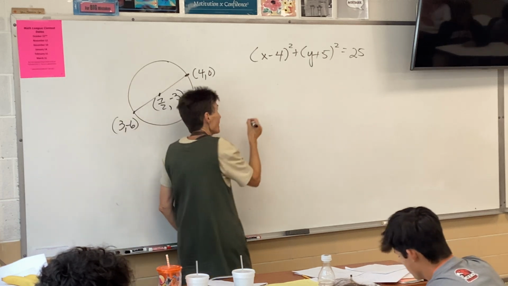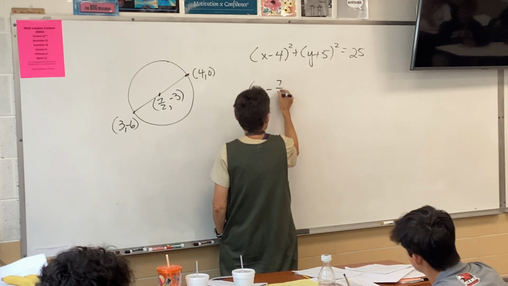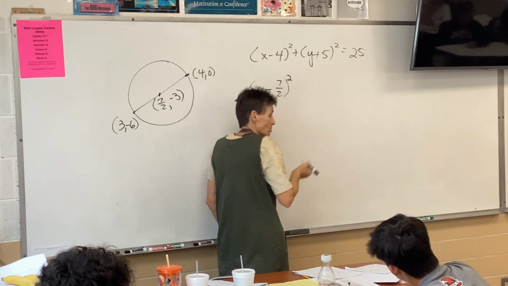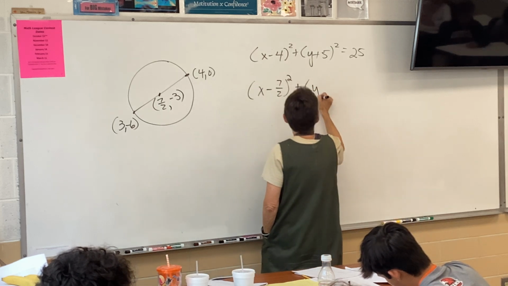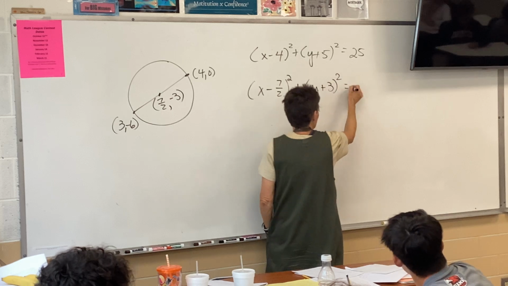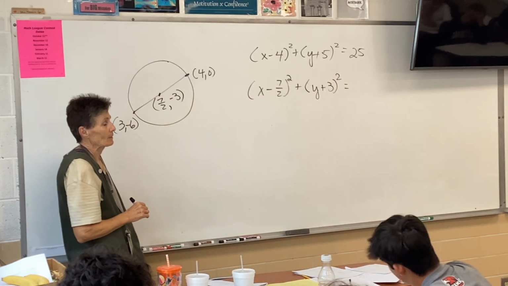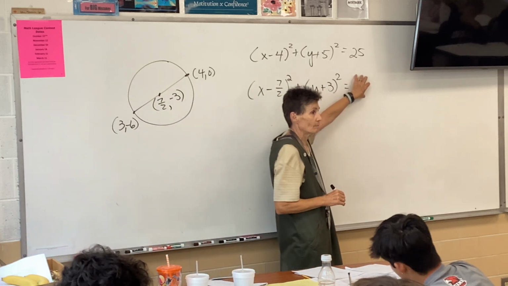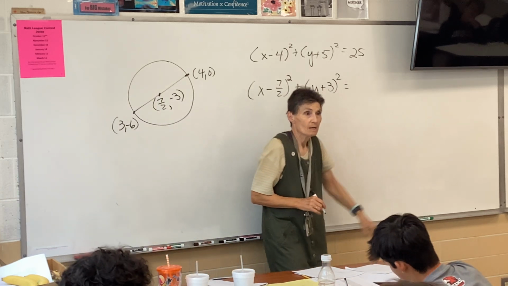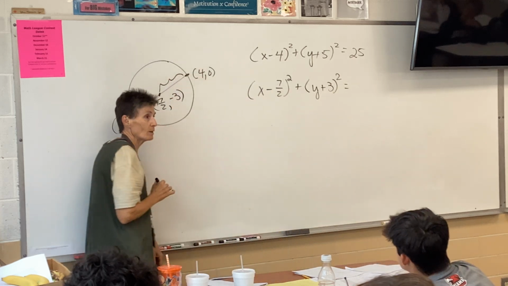So in terms of my equation, I can do x minus 7/2 or x minus 3.5 squared plus y plus 3 squared. So far, so good? Now, to finish, what do I need to know? My radius. This is my radius. Would everyone agree?